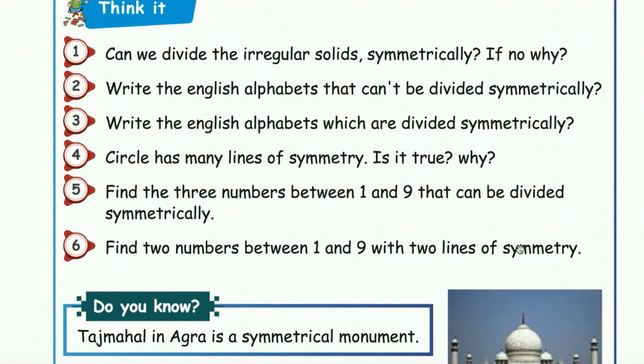Find the 3 numbers between 1 and 9 that can be divided symmetrically. 3 can be divided symmetrically.